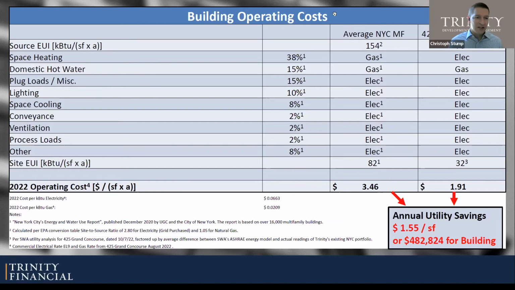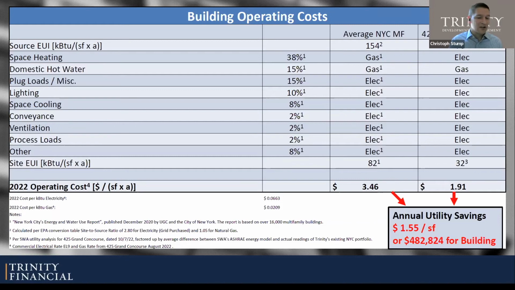For the baseline building, we used EUIs, and we're specifically looking at the site EUI. That's the second to last row here. Site energy use intensities. We got these numbers, 82, from the city. The city benchmarks all, or not all, but over 16,000 multifamily buildings every year. So this is the benchmark number.